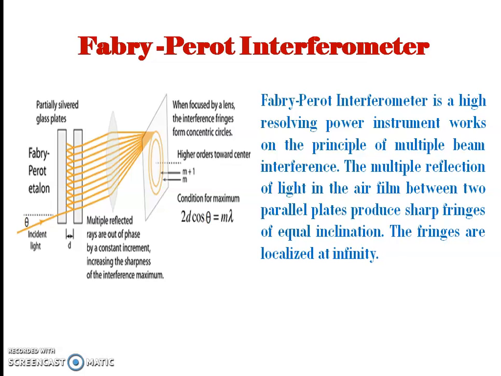In these films, interference fringes are produced due to path difference between the overlapping rays. So these fringes are called fringes of equal inclination, and the fringes of equal inclination are also known as Haidinger's fringes. So this is nothing but the interferometer which we call the Fabry Perot interferometer.